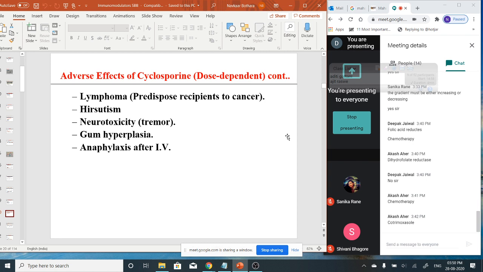Anaphylaxis itself is a hypersensitivity reaction, which is because of the immune mechanism. Okay, and we are giving an immunosuppressant drug. So why this? Because after IV, immediately it will act as a hapten. It will cause binding, and because of this binding with that hapten, it will behave as an antigen. If it behaves as an antigen, an antigen antibody complex will be formed, and that is the very fastest.